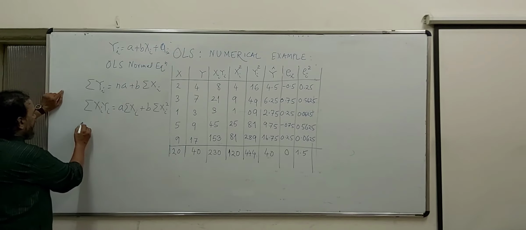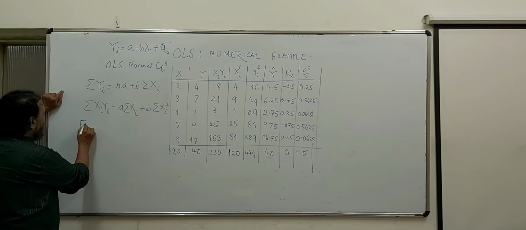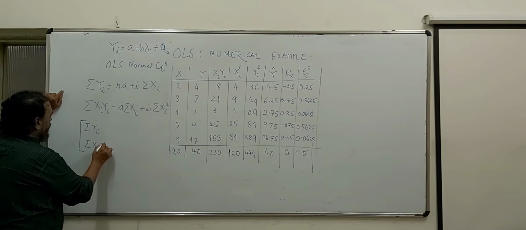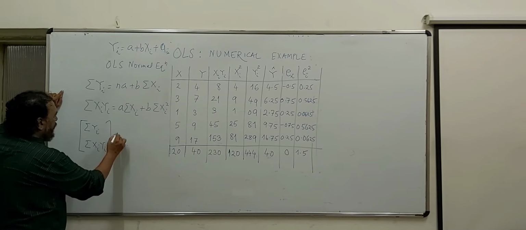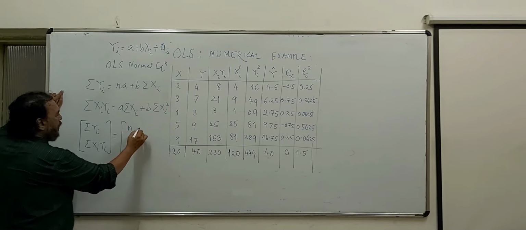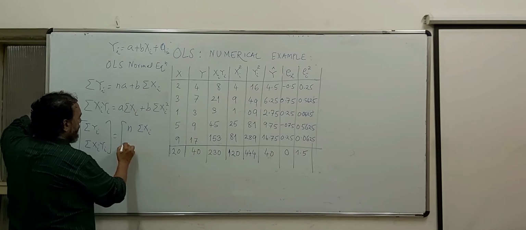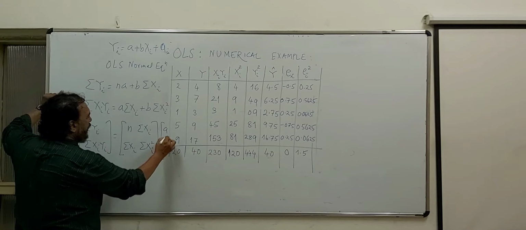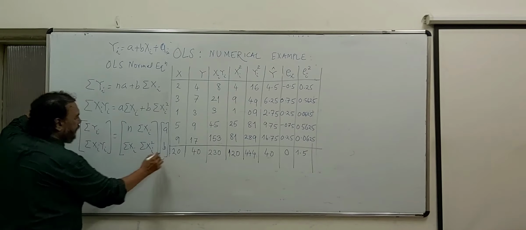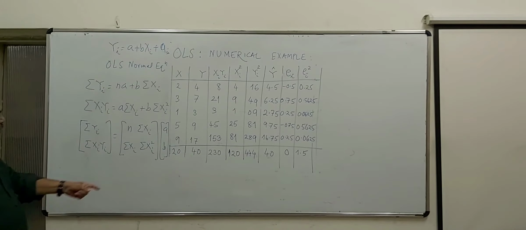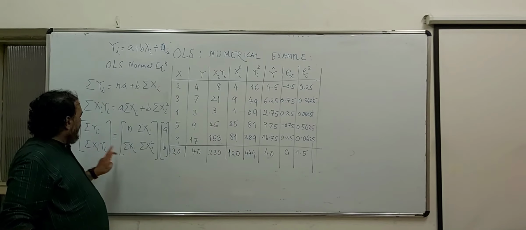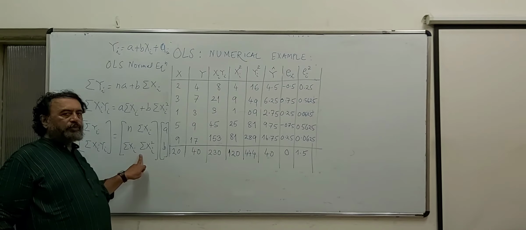If written in the matrix form, it looks like this: summation yi, summation xi yi equals the matrix with n, summation xi, summation xi, summation xi square, multiplied by a and b. Effectively, solving for the unknown vector of a and b, we will be required to multiply both sides by the inverse of this matrix.